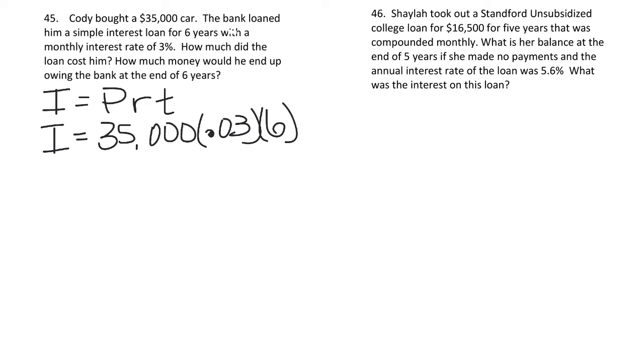So that's 35,000 times 0.03 times 6. That's the interest, $6,300. So that's how much the loan costs you. The interest is what you are paying extra to have a loan instead of paying up front.